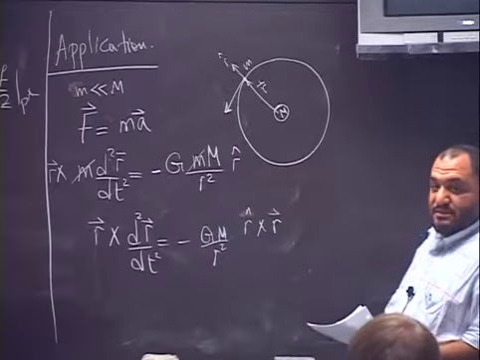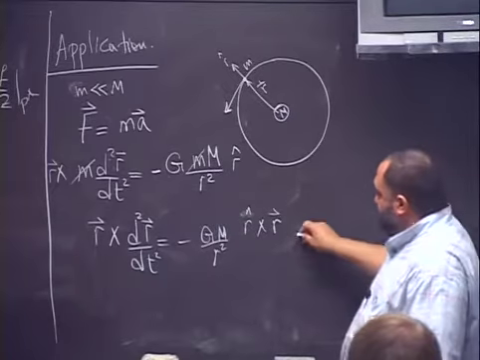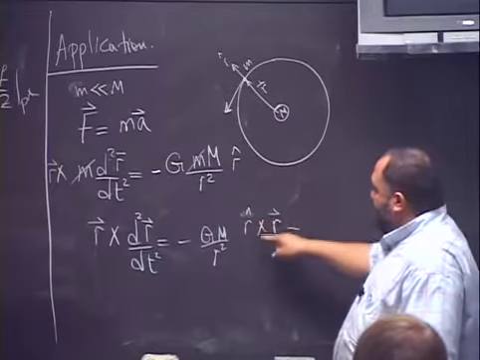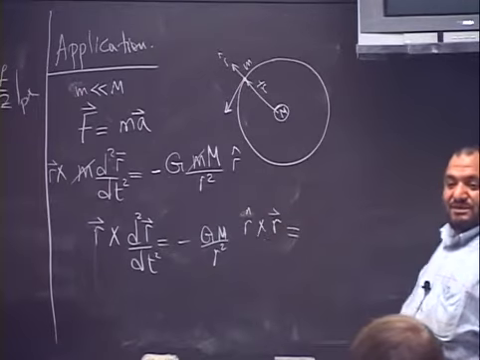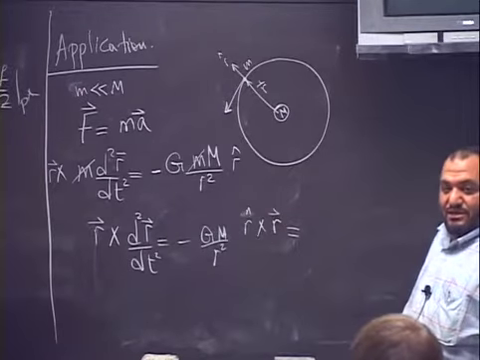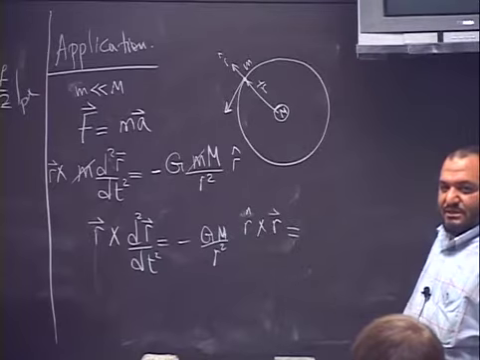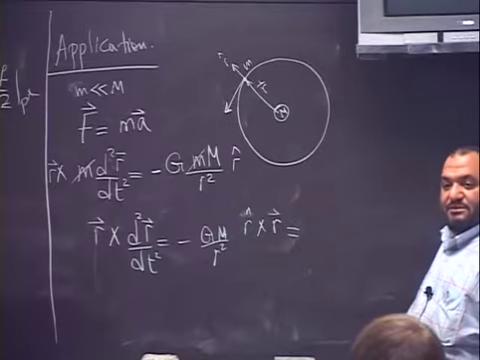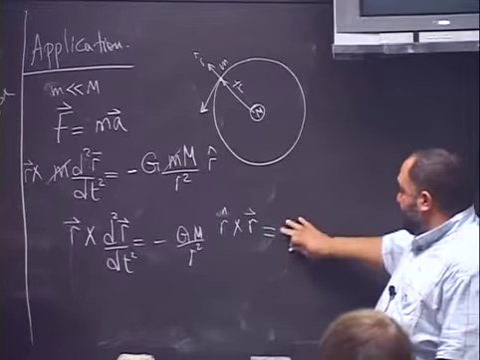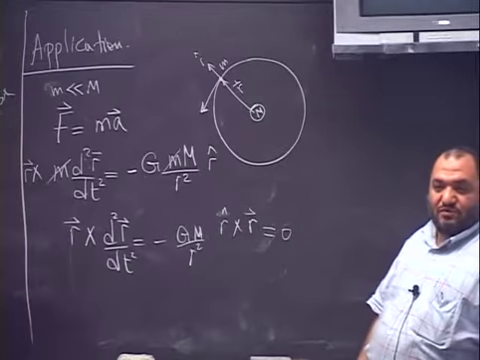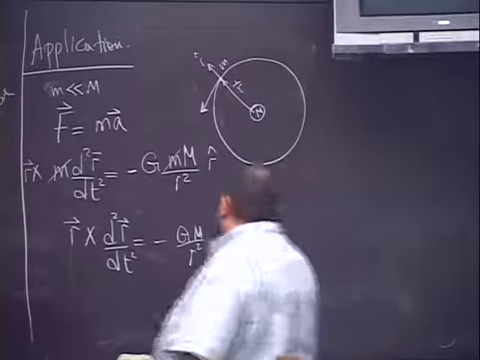Yes? But what's this? R hat cross r. The value of r hat is 1, and it is in the same direction as what? So what's this? Zero, because this is a cross product. And the cross product of two collinear vectors is what? Zero, because this is collinear.